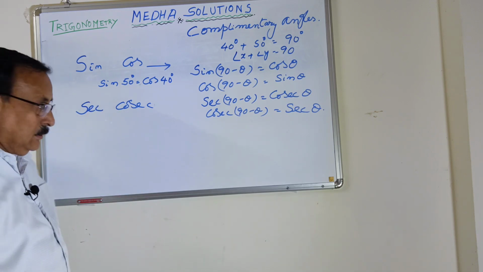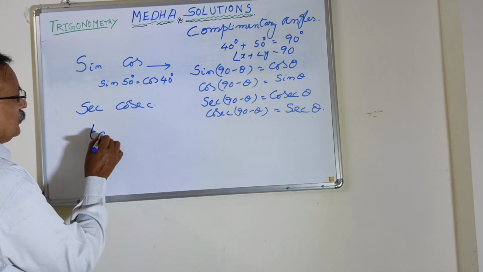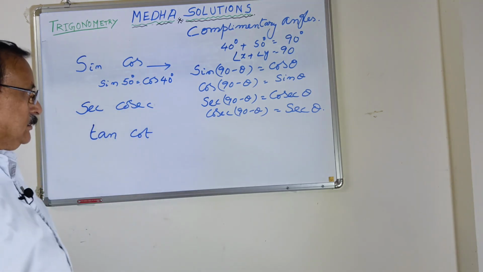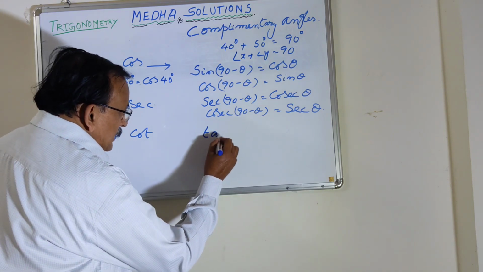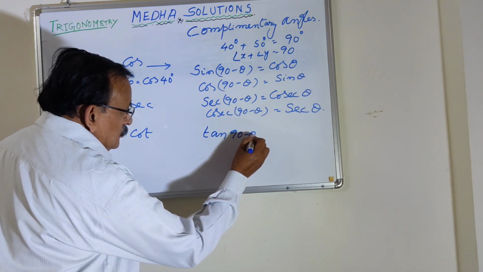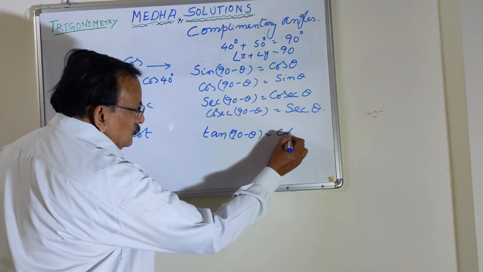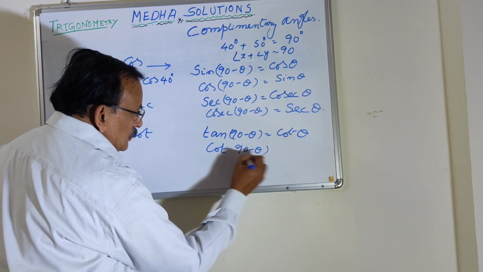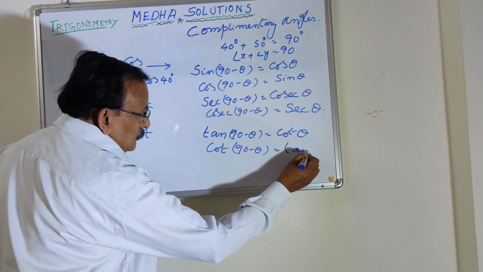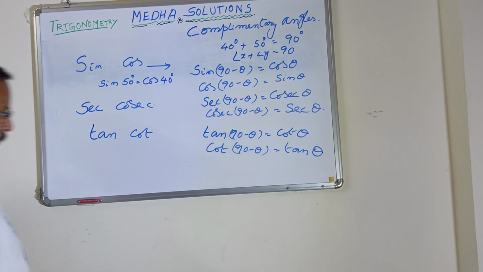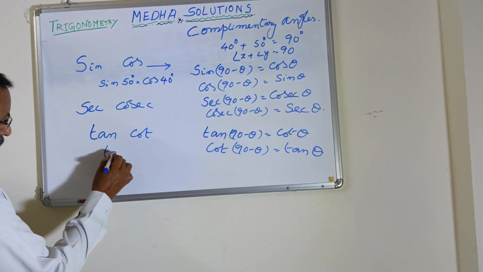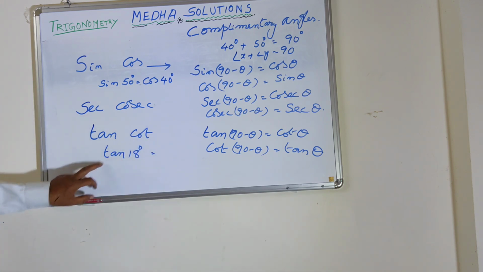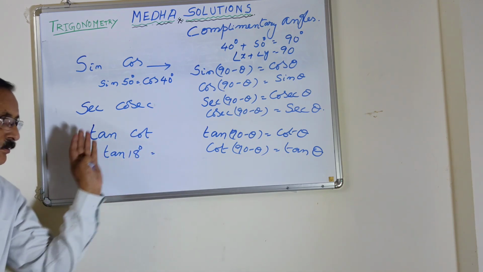Now finally, tan and cot are complementary angles. Tan 90 minus theta is equal to cot theta, and cot 90 minus theta is equal to tan theta. For example, tan 18 degrees: we have to convert the tan value into a cot value.